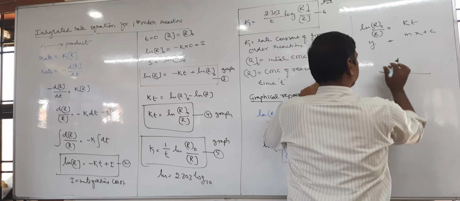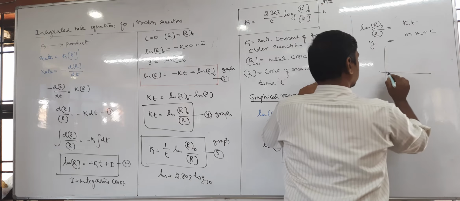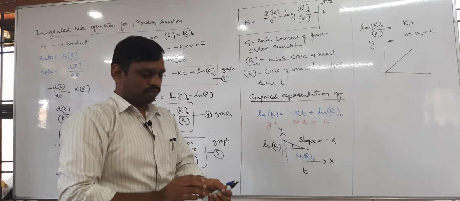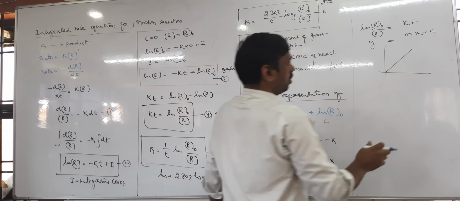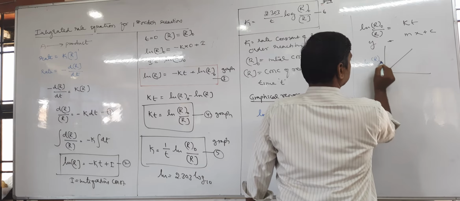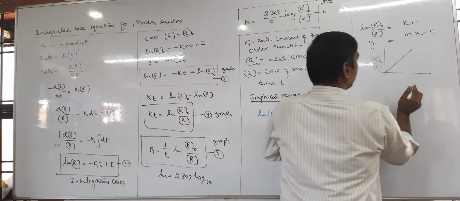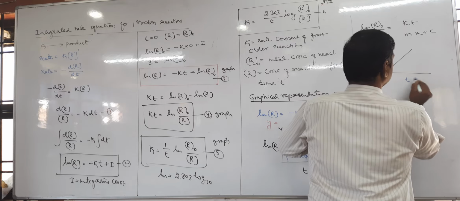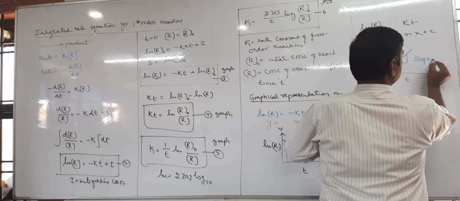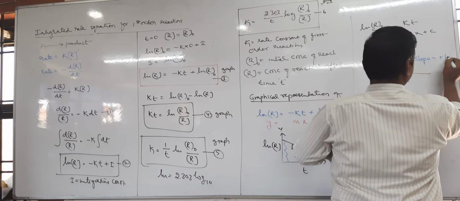Tell me, if the c is 0, so graph starts from origin, right? So therefore, it is ln R naught by R, and it is time t. So what is the slope equal to? Okay, great.